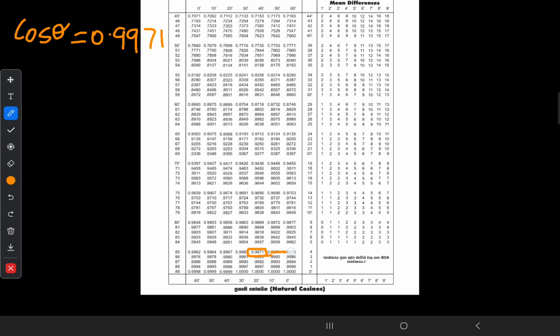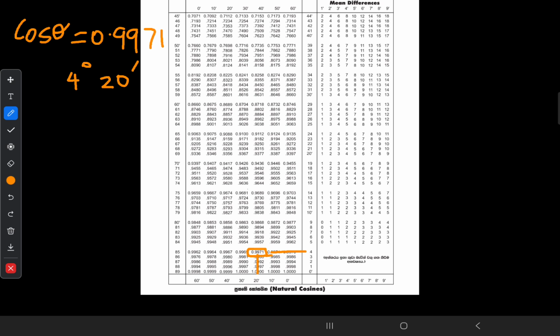So its corresponding angle is 4 degrees and the minute measurement is 20. So here we have 4 degrees and 20 minutes.